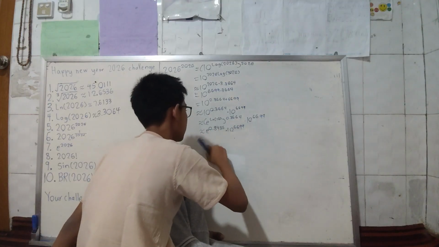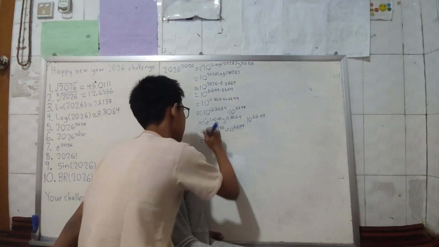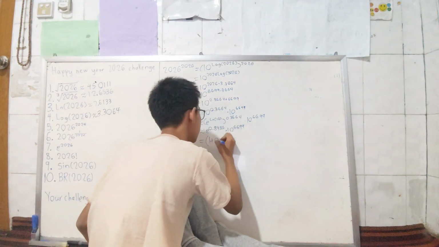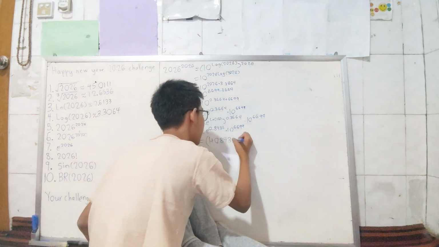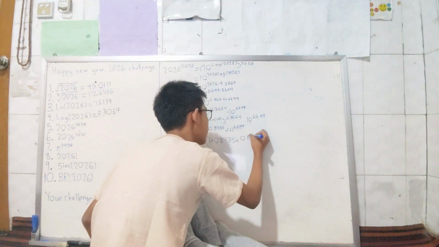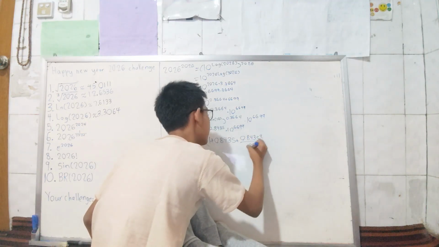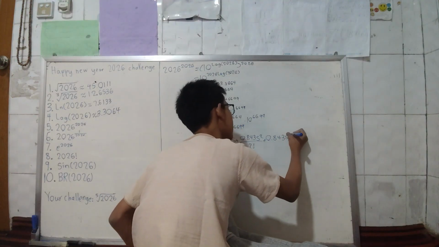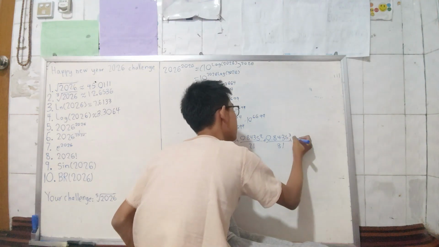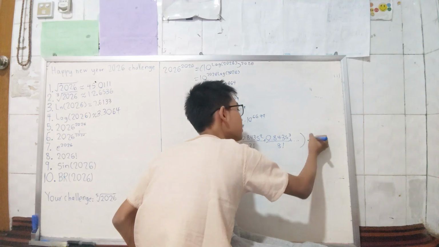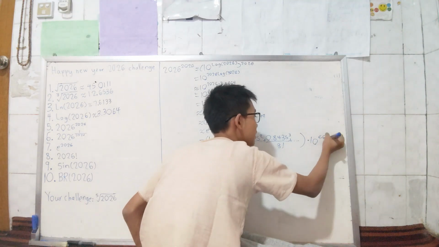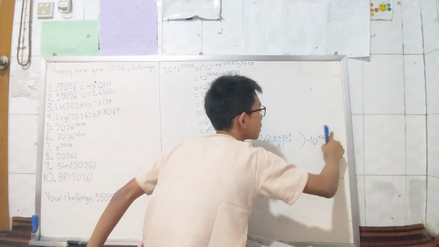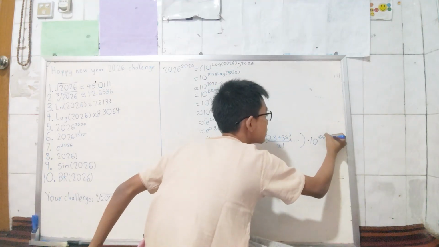So we're going to use brackets: 1 plus 0.8435 plus 0.8435 squared over 2 factorial, plus 0.8435 cubed over 3 factorial, plus so on, times 10 to the power of 6699. Like this.